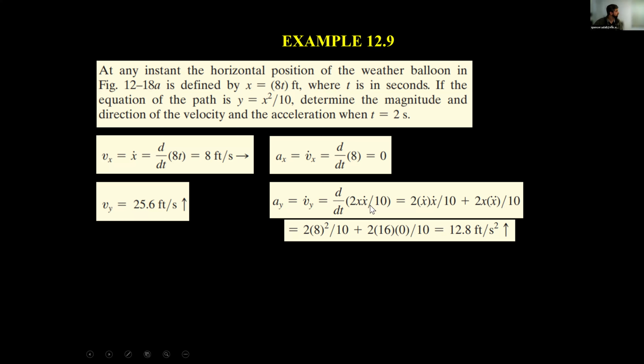Oh, and I'm pointing at my screen and you're not seeing it. I said it wrong. The derivative of the second times the derivative of the first plus the first times the derivative of the second. There it is. The derivative of the second would be the derivative of x dot, so it's x double dot. We all following along there?